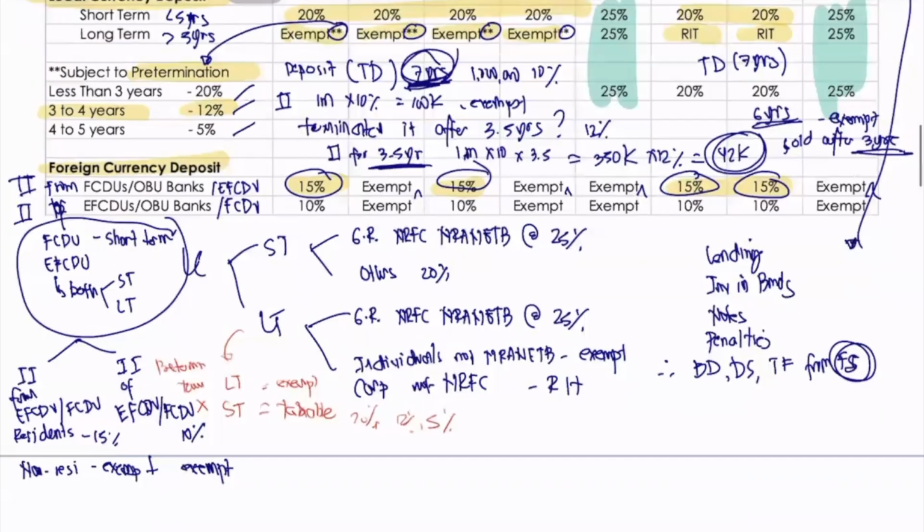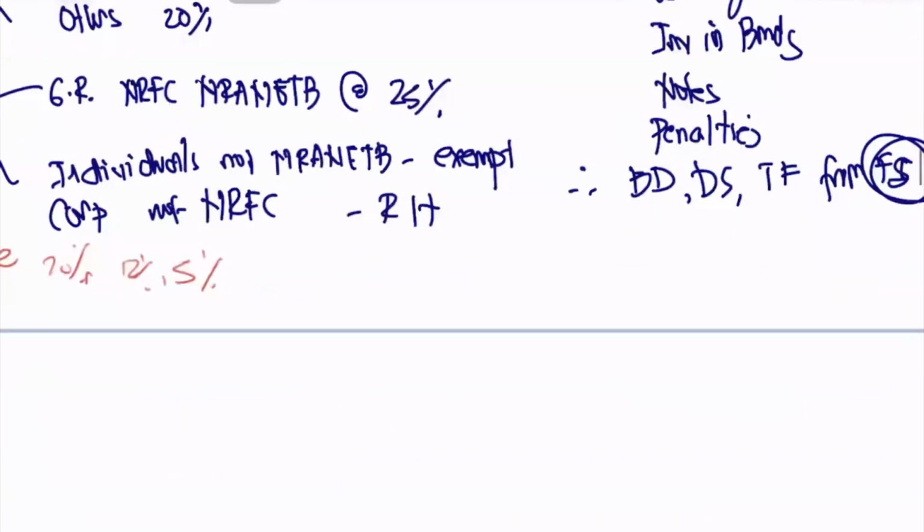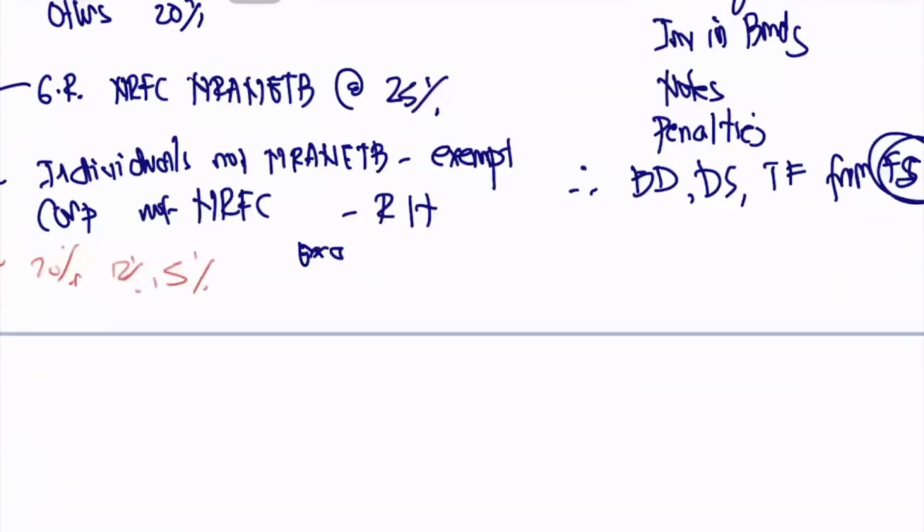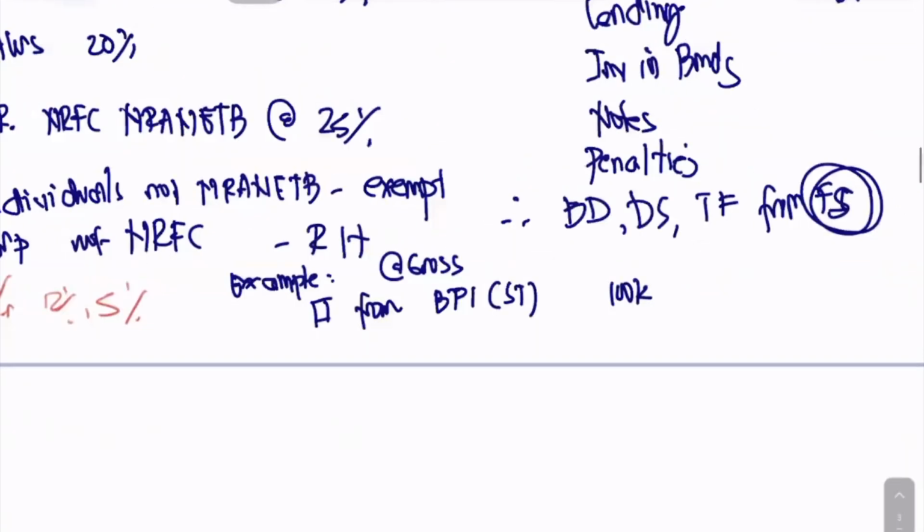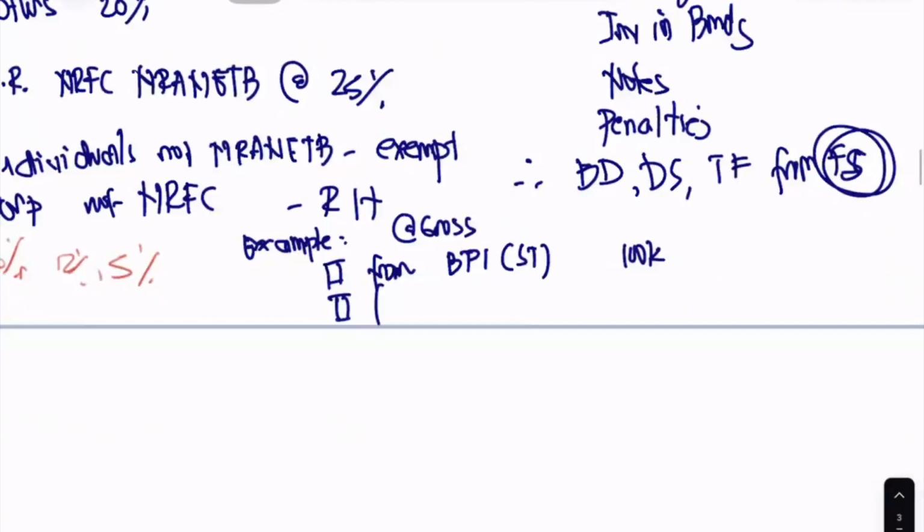Okay, let's have an example here. So, interest income from BPI, short term, 100,000. Okay? This is gross at gross. Interest income from PNB, another short term, 1 million.